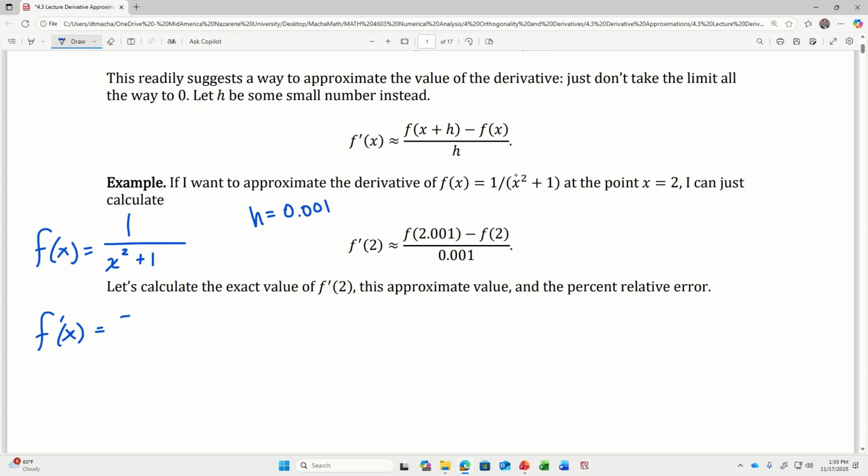So it's minus 2x divided by x squared plus 1 squared. Yeah, I think that's it.